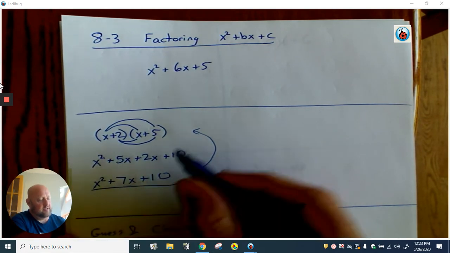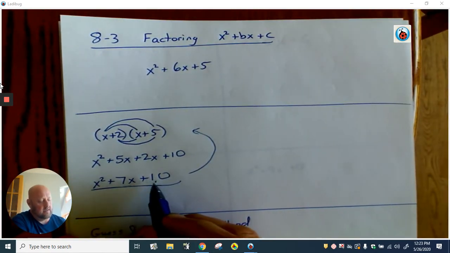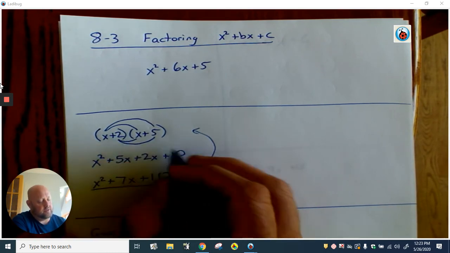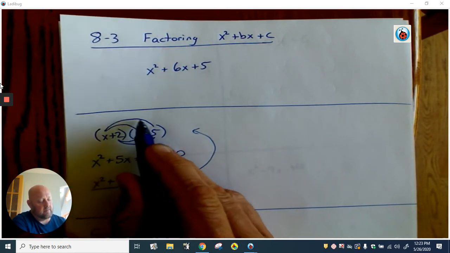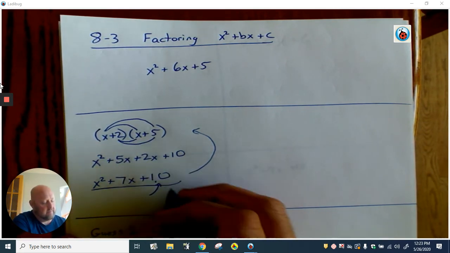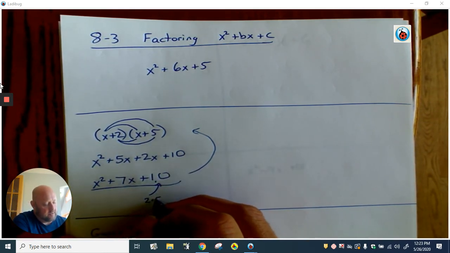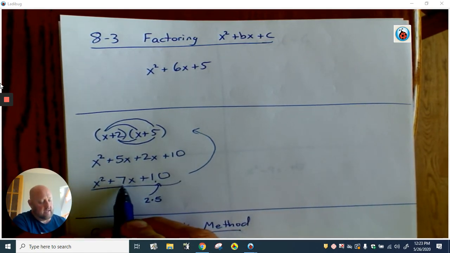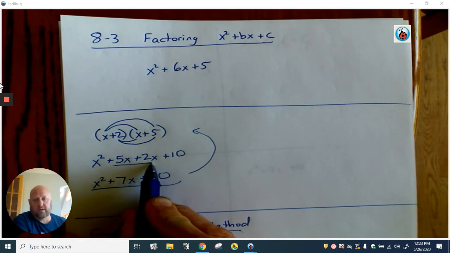For example, the C, this 10. Well, that 10 came from the last numbers together, sorry, the 2 and the 5. So we multiplied the 2 and the 5 together to get that 10. The 7x, well, that came from the 2x and the 5x.